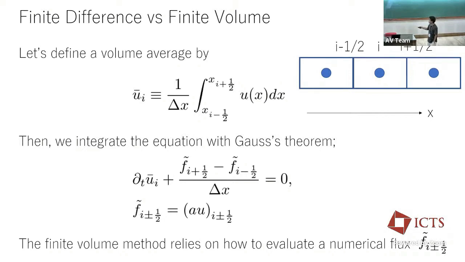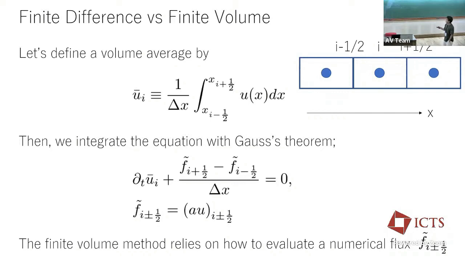Because the integral of delta x, partial x of AU, dx means that you have surface fluxes, cell interface fluxes here and here, right? This is an exact transformation. I don't use any finite difference or approximation to get this expression. So this equation tells you that the numerical flux at the cell interface should be given by this expression.